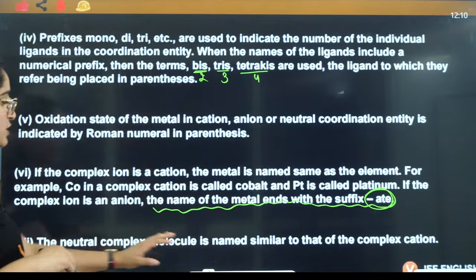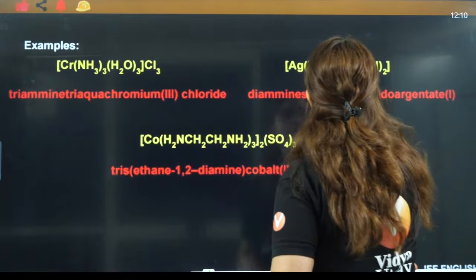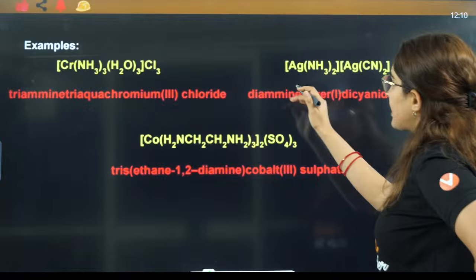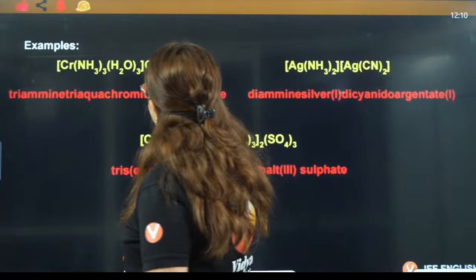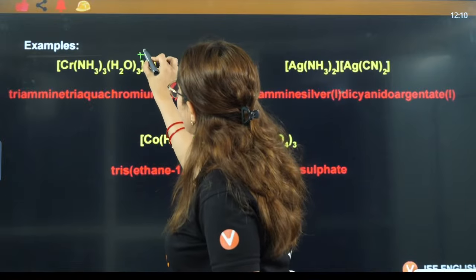Let's see some important names here. First I'll talk about this one. If here you have 3, that means here you should have +3. Now this is the cation, so I'll name the cation first. In the coordination entity, first you will write the ligands.